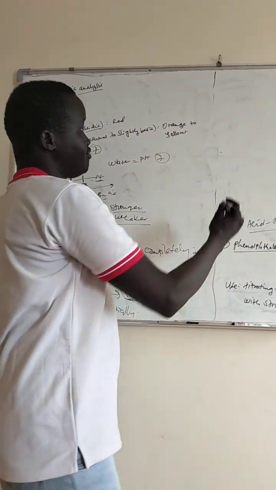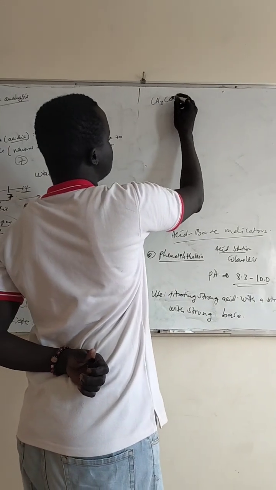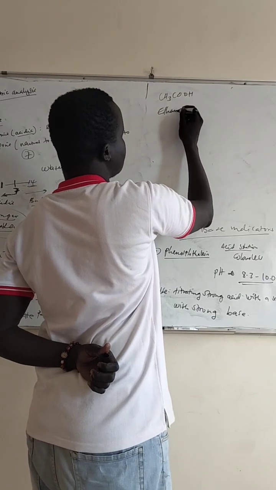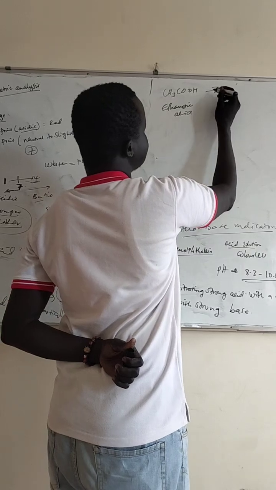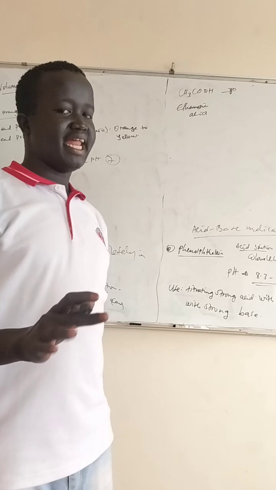For example, we have CH3COOH. This is ethanoic acid, a very good example of a weak acid. It is an organic acid.